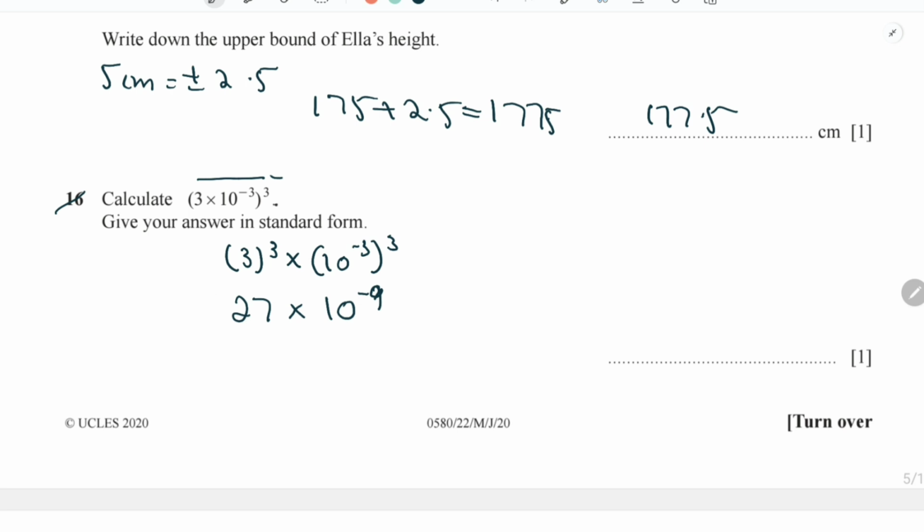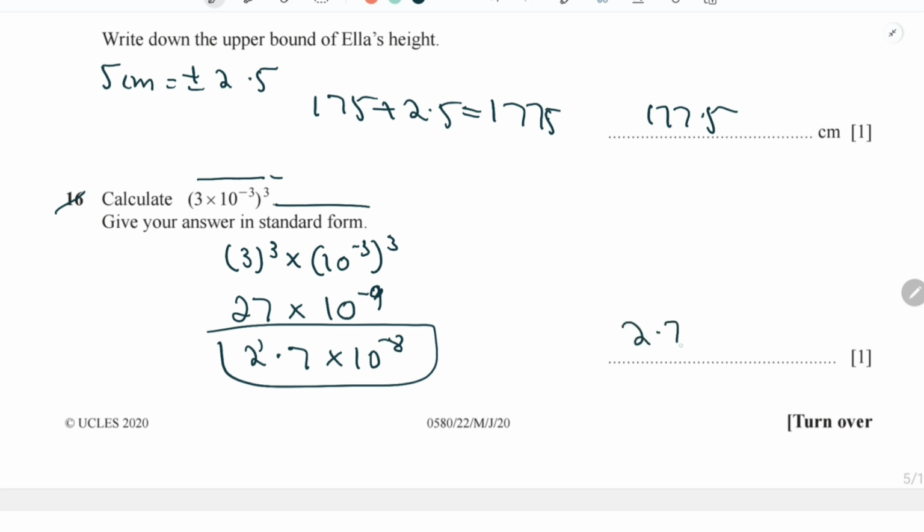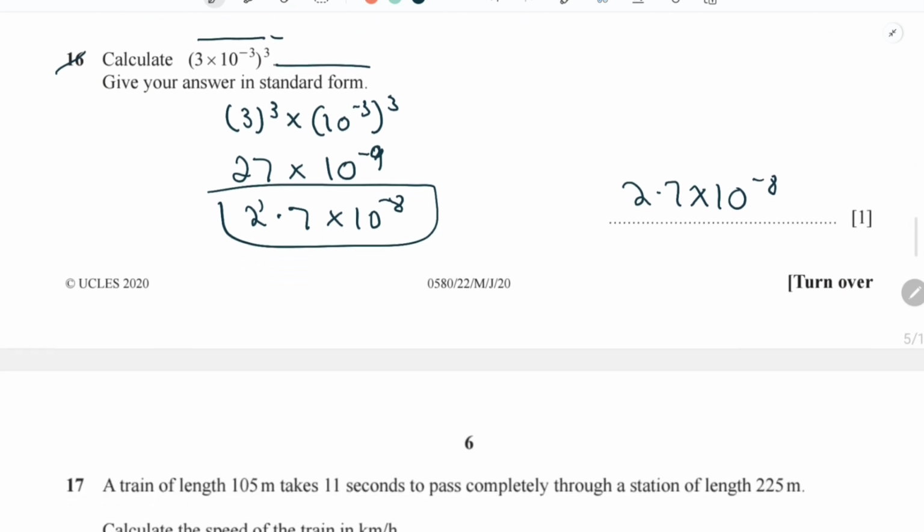Now we write the answer in standard form, so that means we write 2.7. When we move the decimal, the exponent is reduced, so it becomes 10 exponent negative 8. So 2.7 times 10 exponent negative 8 is the answer.